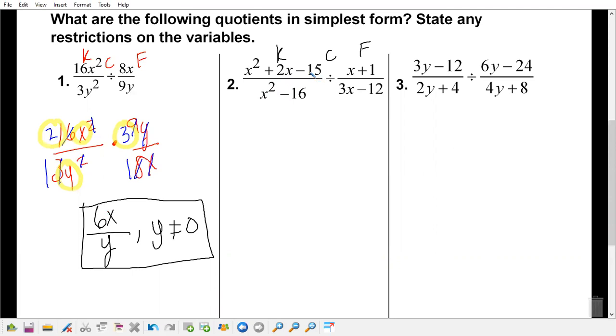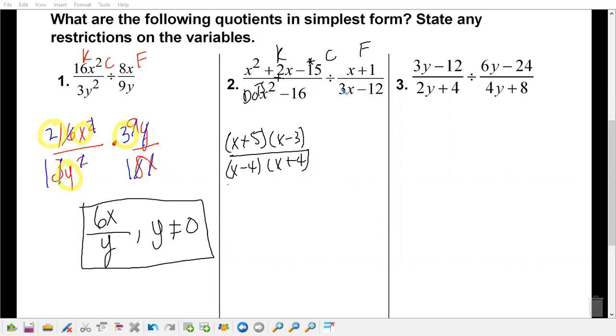What multiplies to give me negative 15, but adds to give me 2? 5, negative 3. So we have x plus 5, x minus 3. This is a difference of squares, so that gives us x minus 4 and x plus 4.